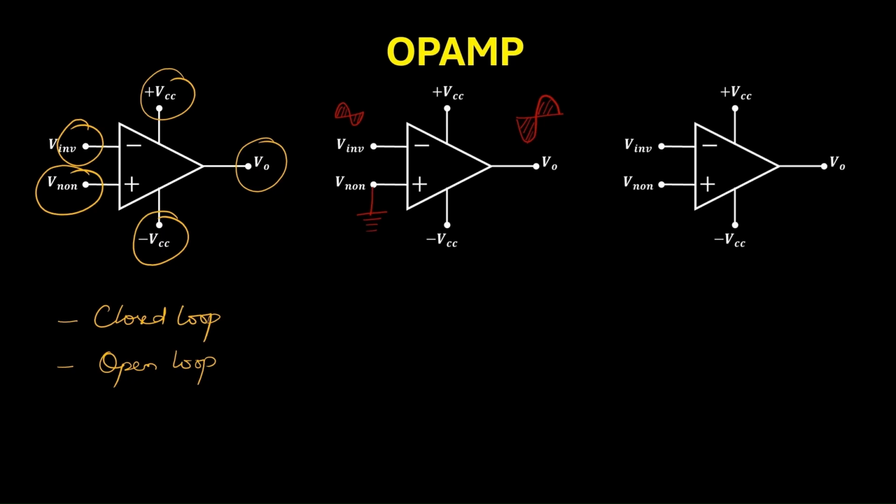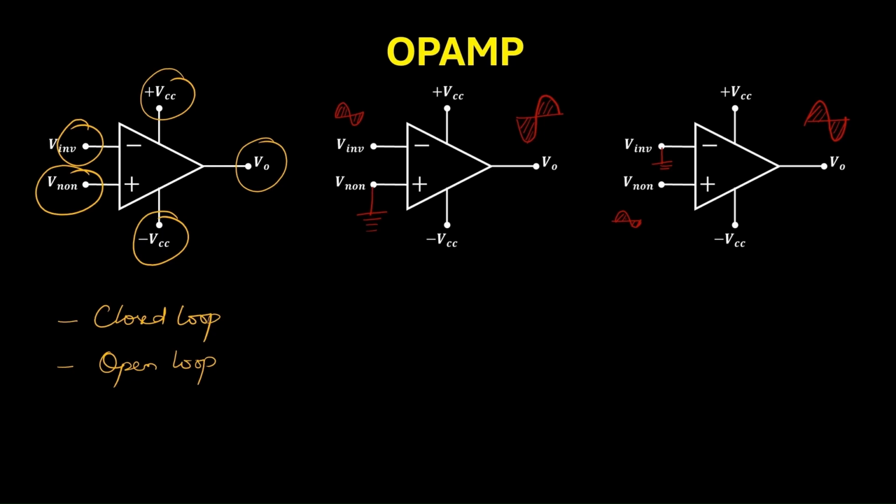Similarly, if I take another circuit, and this time we ground the inverting terminal, and supply a signal here at the non-inverting terminal, then at the output, we will get an amplified signal, but it will be of the same phase.